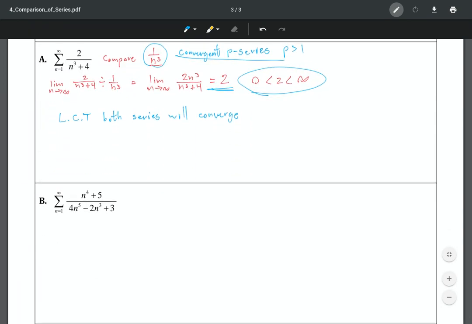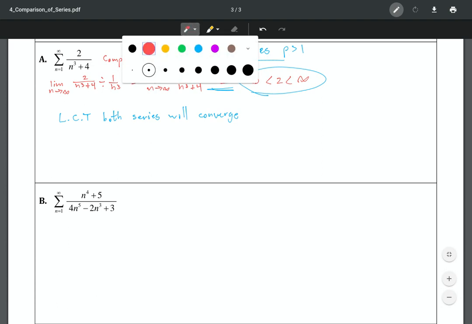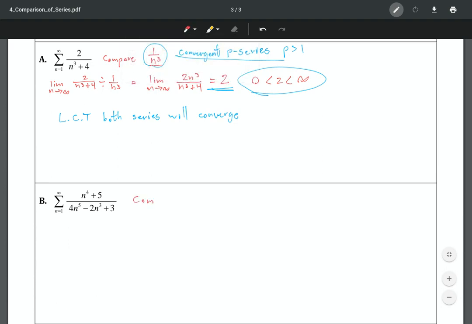All right, so let's go to the next one. So now, this one is a little bit more confusing. We're going to compare this to something simpler than this, like 1 over, let's see, 1 over n.